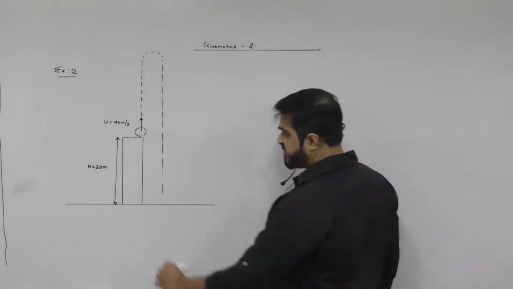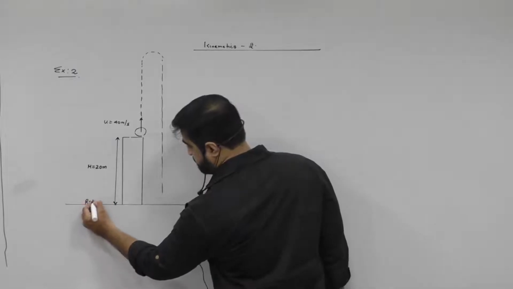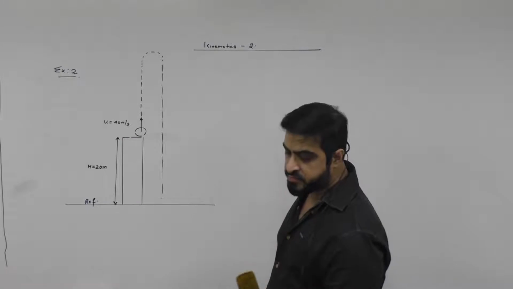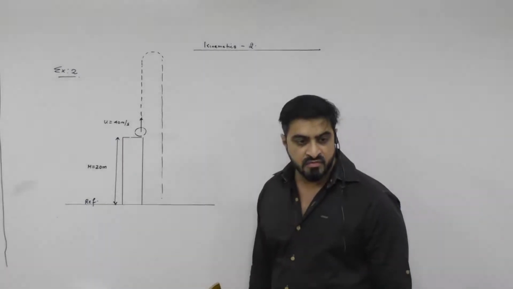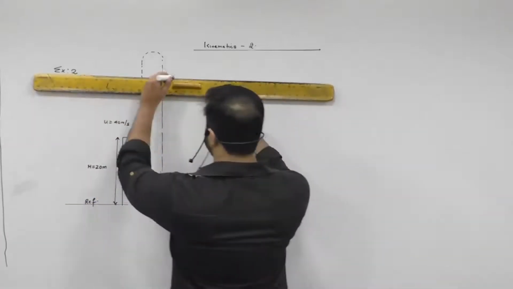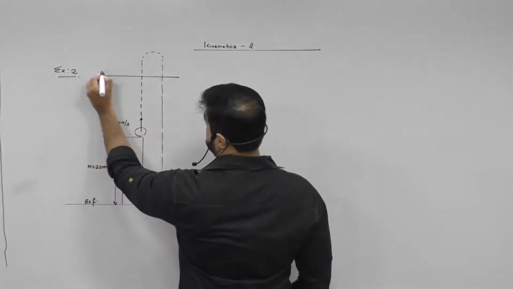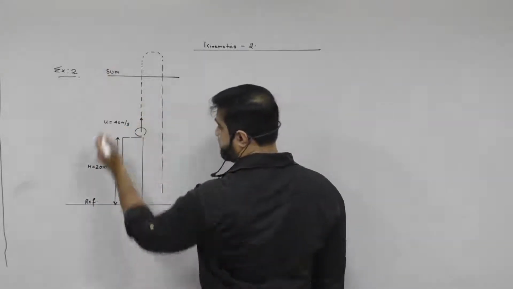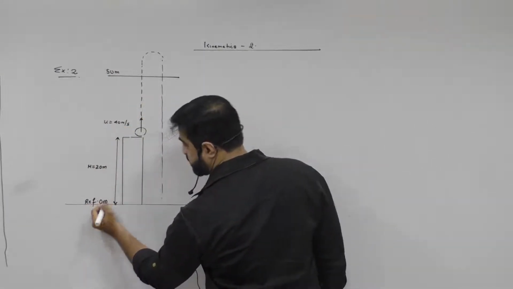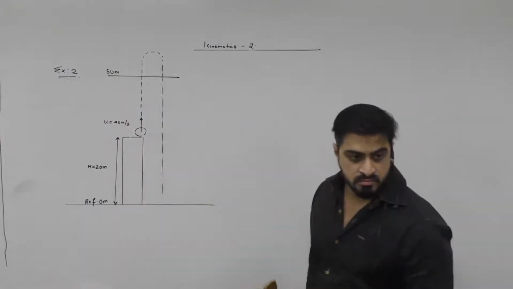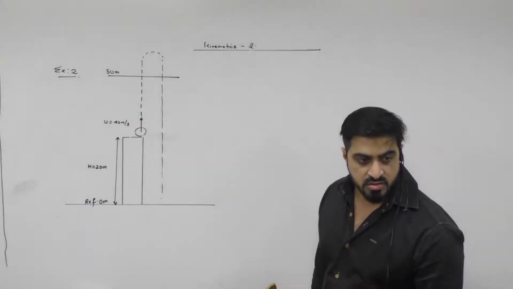This is my reference line. I want to find the time and the velocity when it is at a height of 50 meter from the ground. So suppose this is the height of 50 meter from the ground. Reference, isn't it, meaning 0 meter, 20 meter, 50 meter. Okay.